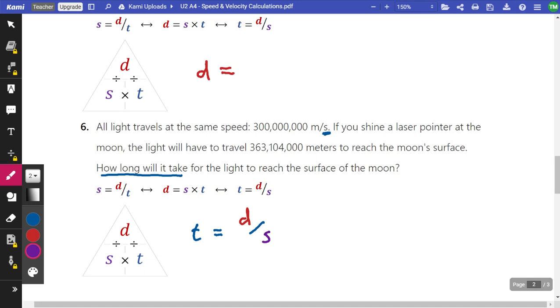I also want to tell you, do not let these big numbers scare you. This is a really intensely fast speed. It's the fastest physical speed that something can actually have in our universe. It's the speed of light. Can't get any faster than that. This also gives us a huge distance that can be covered here.